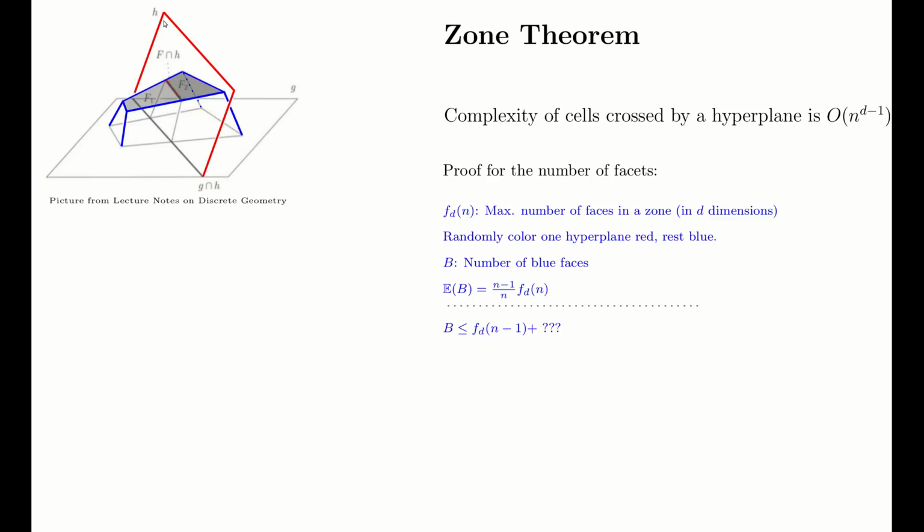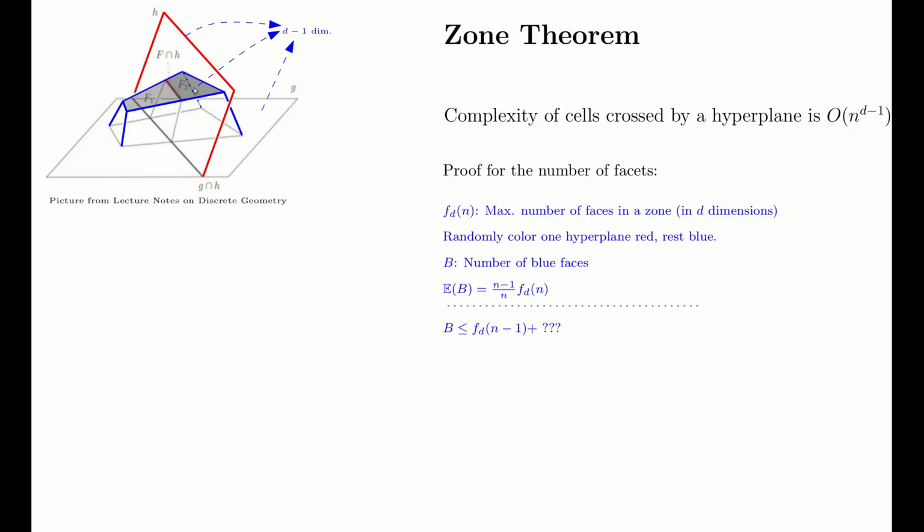However, when I add the hyperplane H back into the picture, it could happen that this hyperplane intersects some blue face and cuts this blue face into two new blue faces, say F1 and F2. This cutting will increase the number of blue faces by some amount that we would like to bound in the rest of this argument. Before bounding this increase in the number of blue faces, let's look at the objects involved.